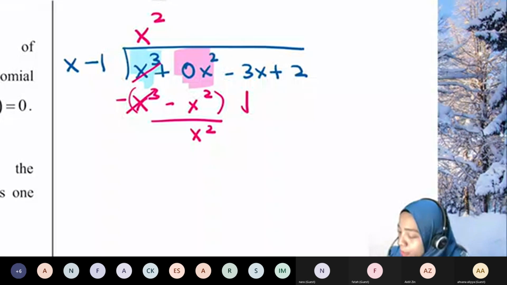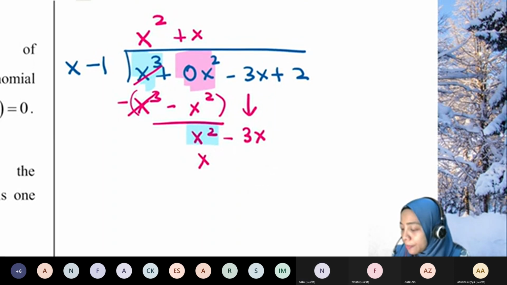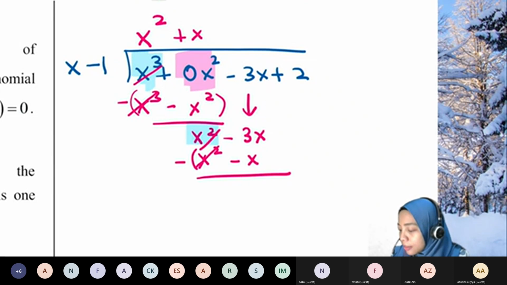Okay, and then baru turunkan negatif 3X. Okay, what makes X square? X. Okay, X plus X. Okay, so X darab X, you get X square. Minus X. Okay, cancel.